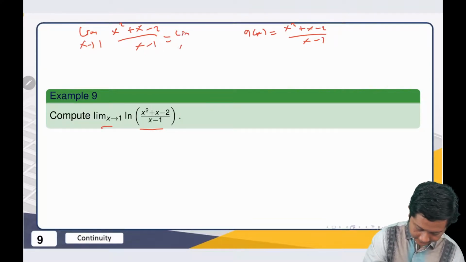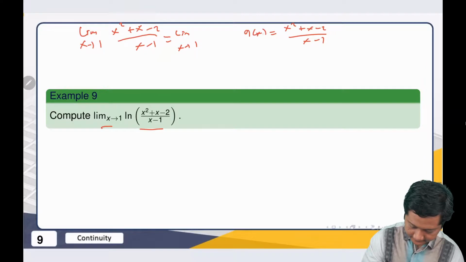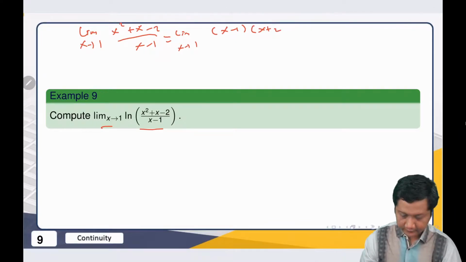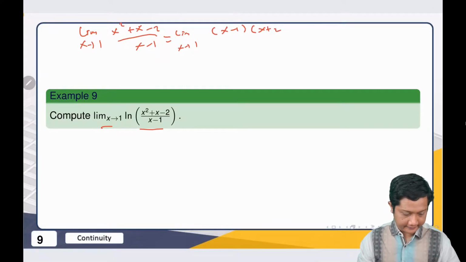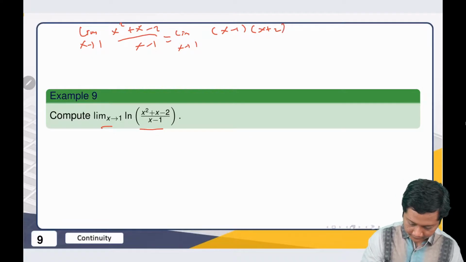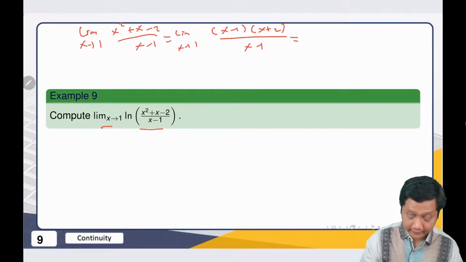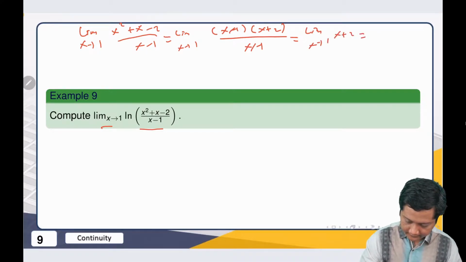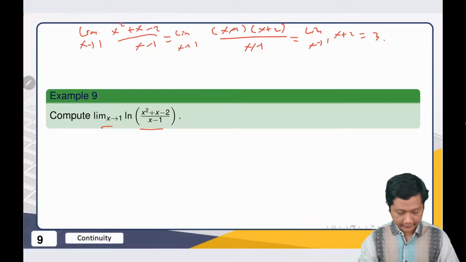So we have the limit as x approaches 1, and this one is (x minus 1) times (x plus 2), over (x minus 1). Hopefully that's clear enough. We cancel, and we have the limit as x approaches 1 of x plus 2, which is equal to 3.